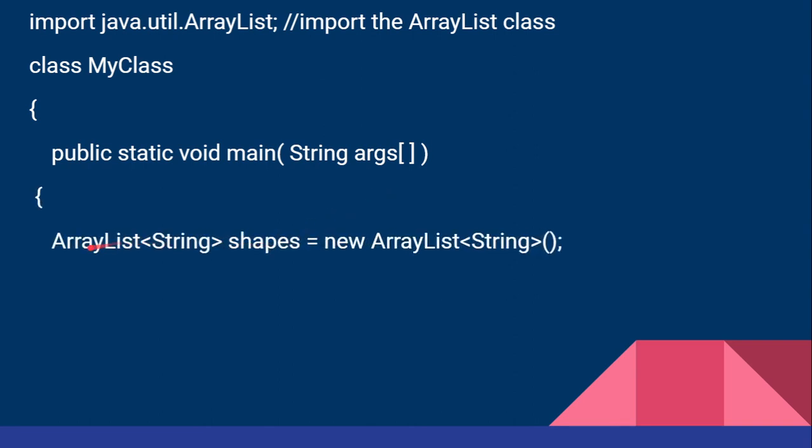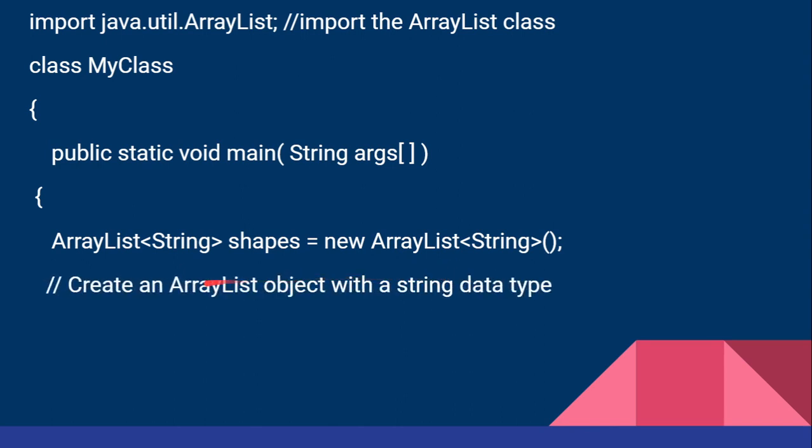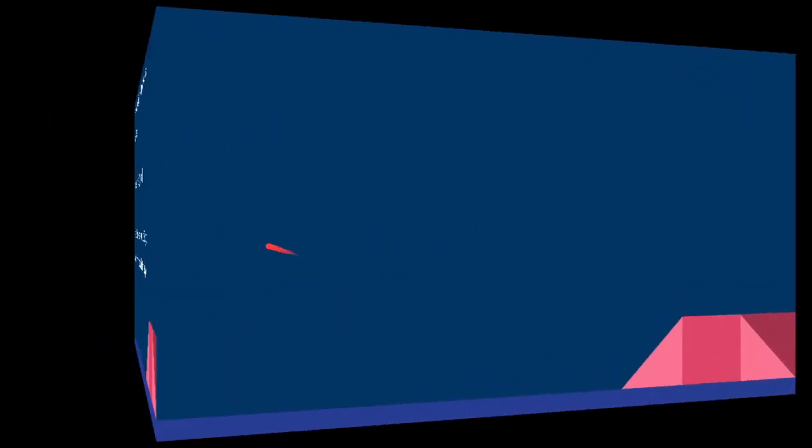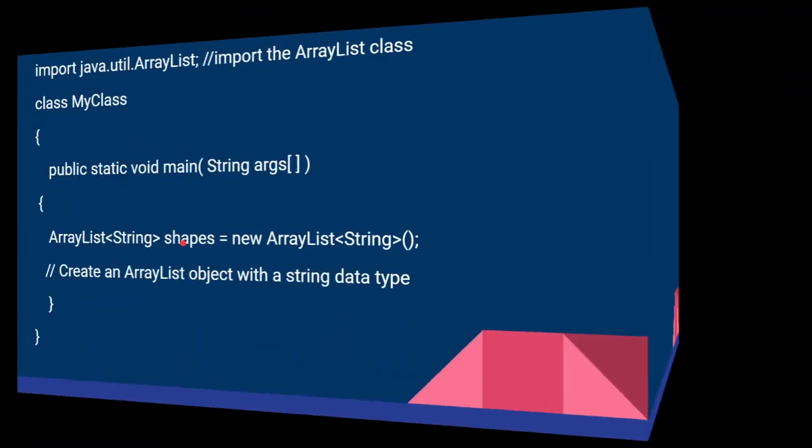And now ArrayList, this is of string type, and then shapes. So shapes is the array name and new is the operator, ArrayList of string. That means this particular array with the name shapes will have string elements. Now how to create an ArrayList object with a string data type. So this is the way to create an object. What is the object here?